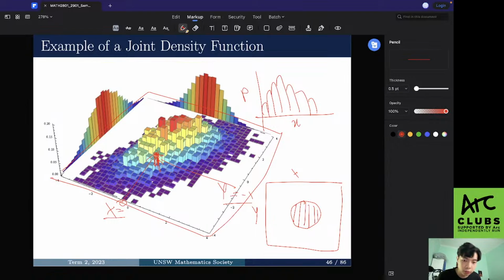This integral just says add up every single probability in this area. And that's essentially how we find the probability that we get something in the area. Pretty simple. Shouldn't be too bad.